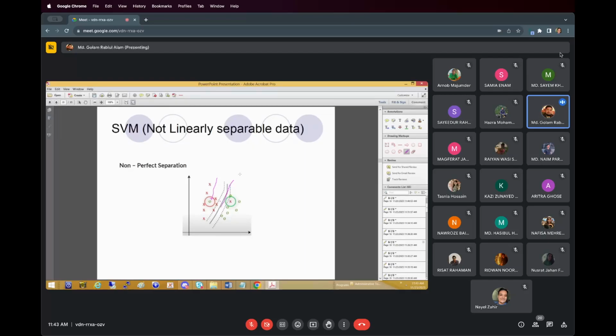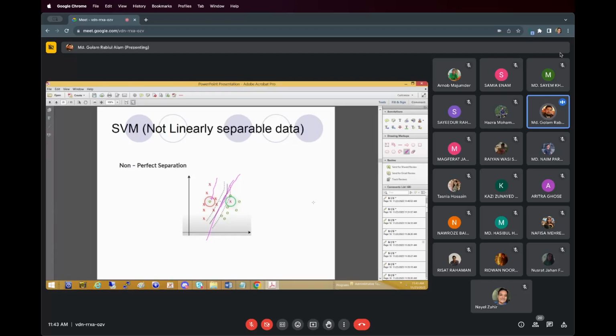We can just draw a linearly separable line. So this is one aspect: considering soft constraints instead of hard constraints, because if we apply hard constraints, it is problematic to solve this kind of problem.